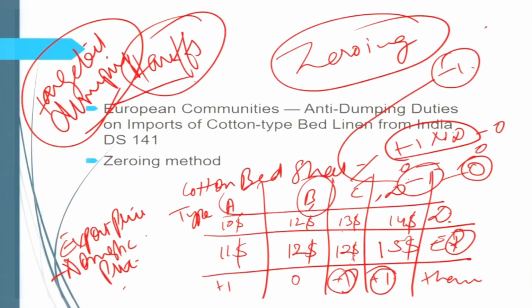That is one possibility, but then it can be that it is not actually dumped, but for some reasons the price of this, in this case, cotton bed sheets, has fluctuated in the domestic market. All right, it is not a case of dumping, but the price has fluctuated.